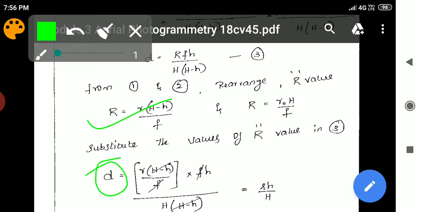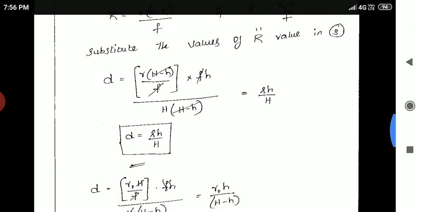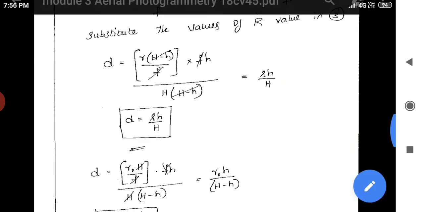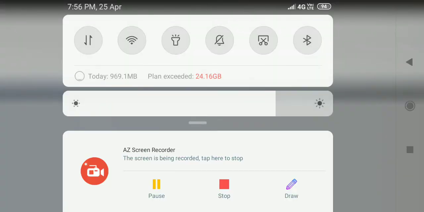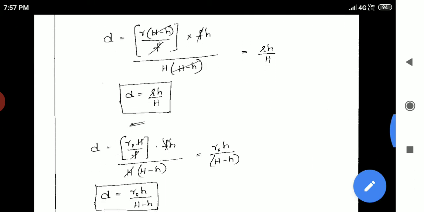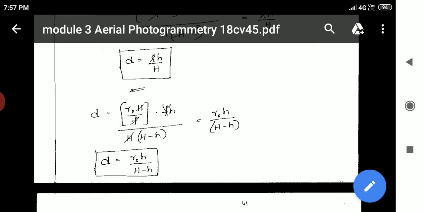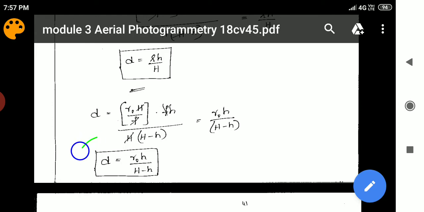So by using this I will get this expression, and further I will put this expression in equation D. So equation D becomes this one.